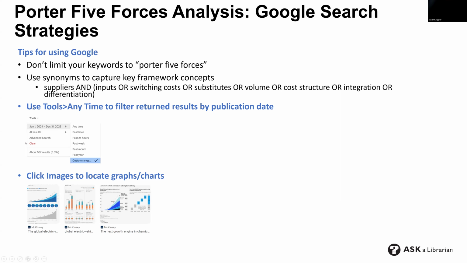I didn't demonstrate this, but when your results are returned in Google, if you're seeing a lot of old content or content that's outside of the publication date window that you think is relevant for your research, use the Tools Anytime feature in Google to define the window of publication dates that you want, and then that'll get rid of extraneous content that's not of value to you.